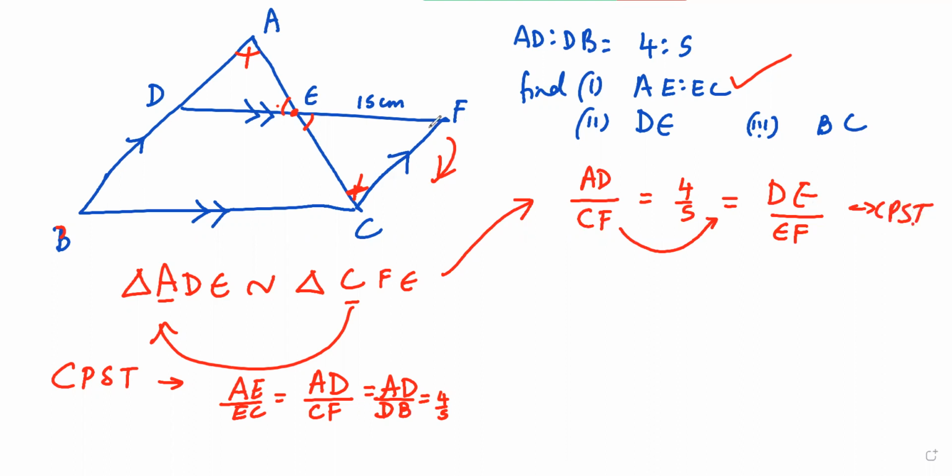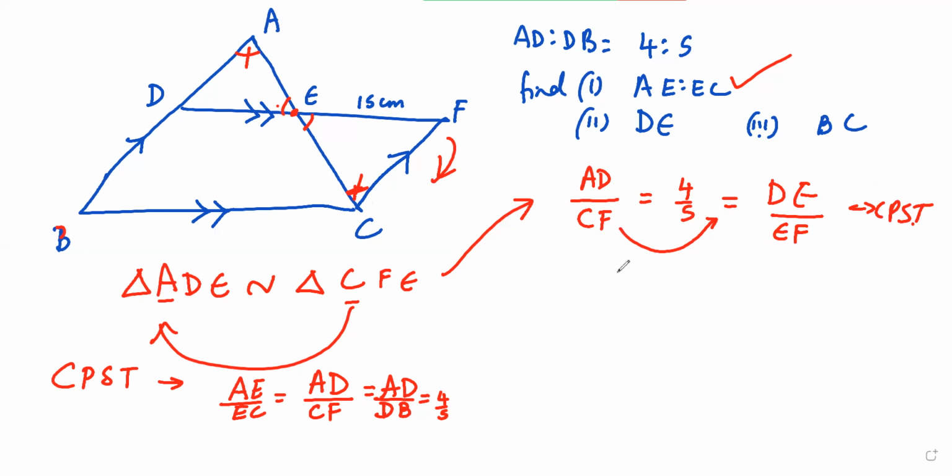The two triangles are similar, isn't it? So it's like side AD coincides with CF when you rotate and make it sit, right? So C will sit on A, F will sit on D. That's what happens, isn't it? So DE will come and sit on EF. So that's why we have this.